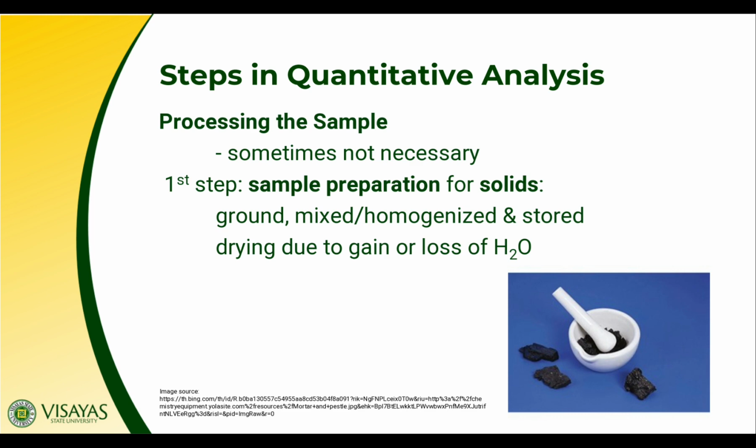Also, if your sample contains a lot of moisture, then you could do drying. The drying is actually required if you have a gain or loss of H2O or moisture in your sample.